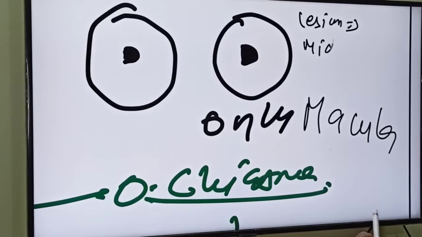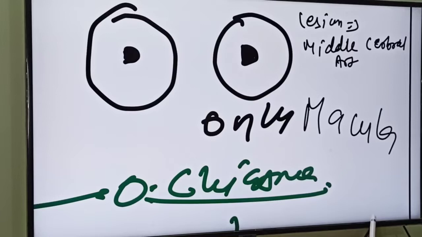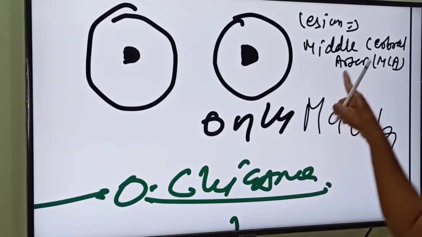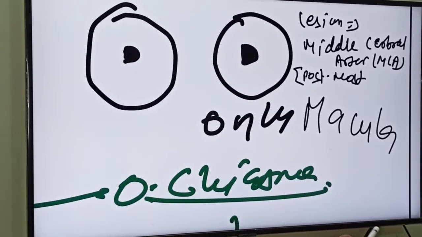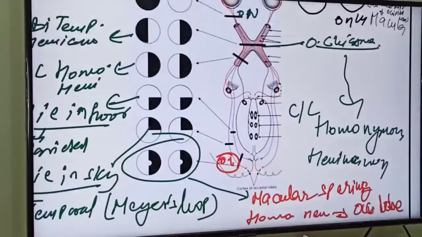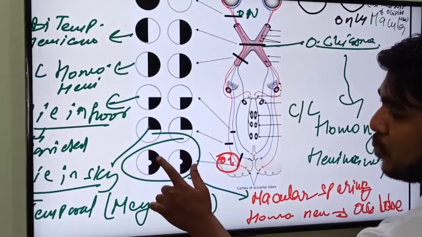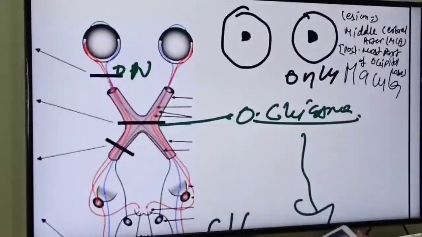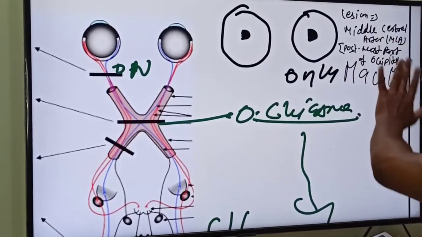The lesion is at the middle cerebral artery, MCA, or we can say the posterior most part of the occipital lobe. If only the occipital lobe is given, then the answer will be macular sparing homonymous hemianopia. If only the macula is involved, then the answer will be the posterior most part of the occipital lobe or the middle cerebral artery. That's it.